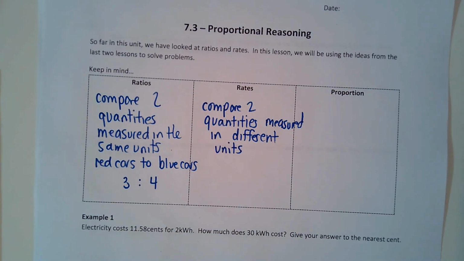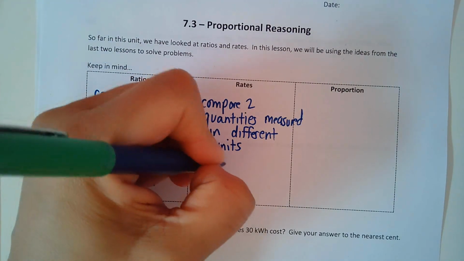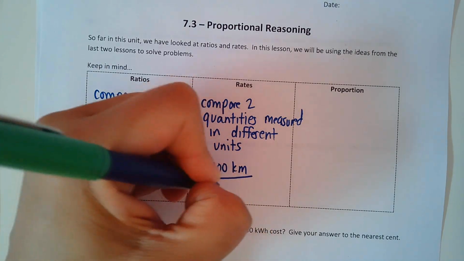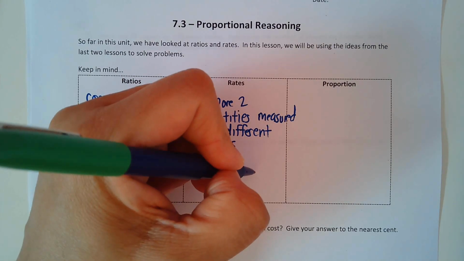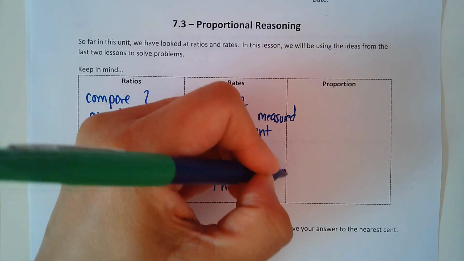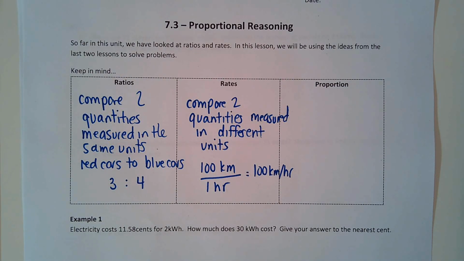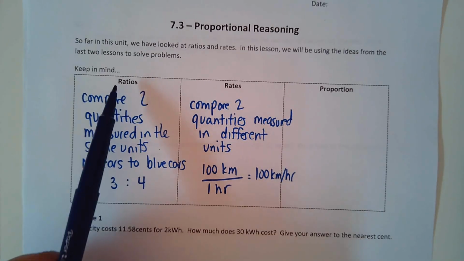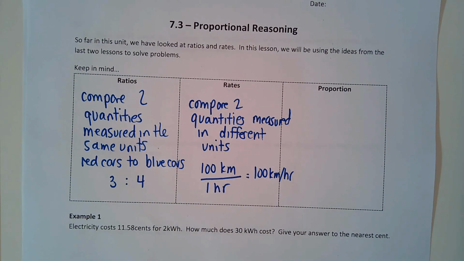So Monday's lesson, we looked at rates, we looked at unit rates, we looked at unit prices. An example here would be speed on a freeway. The speed would be 100 kilometers per 1 hour, and we could also write that as 100 kilometers per hour. So a proportion then is a relationship that says either two ratios or two rates are equal to each other.